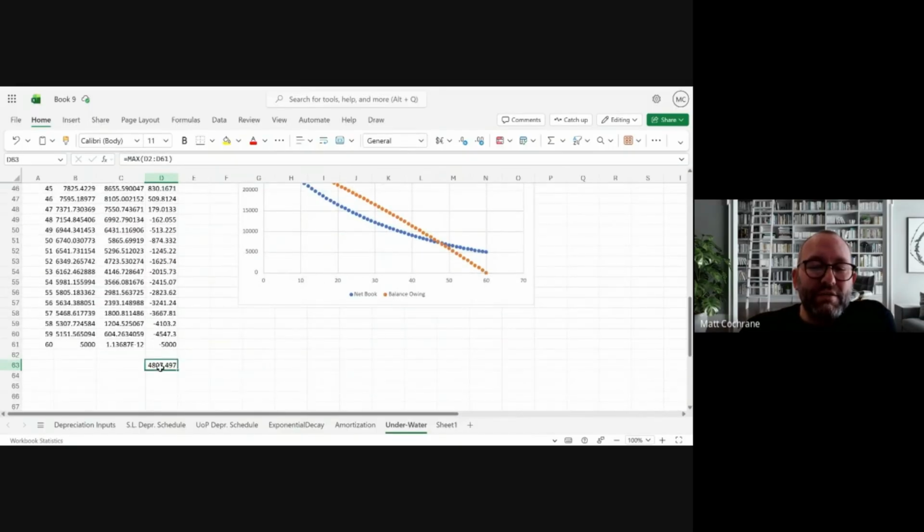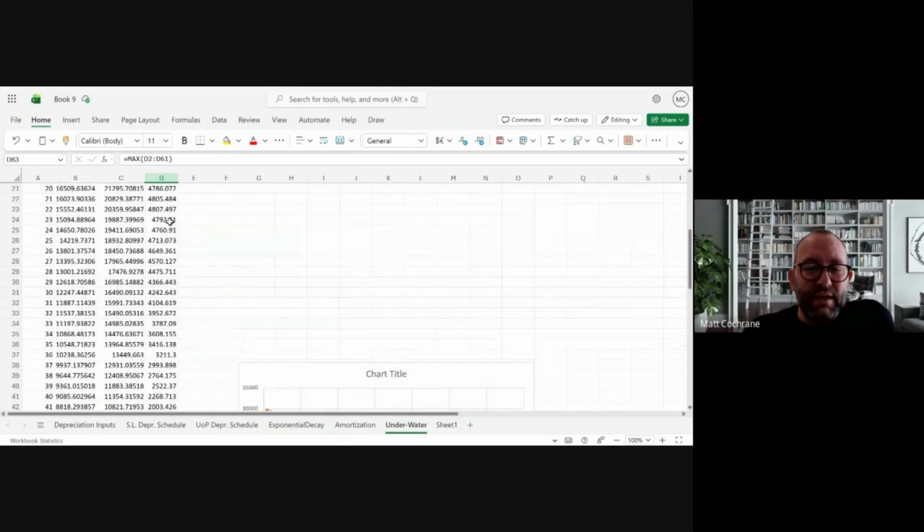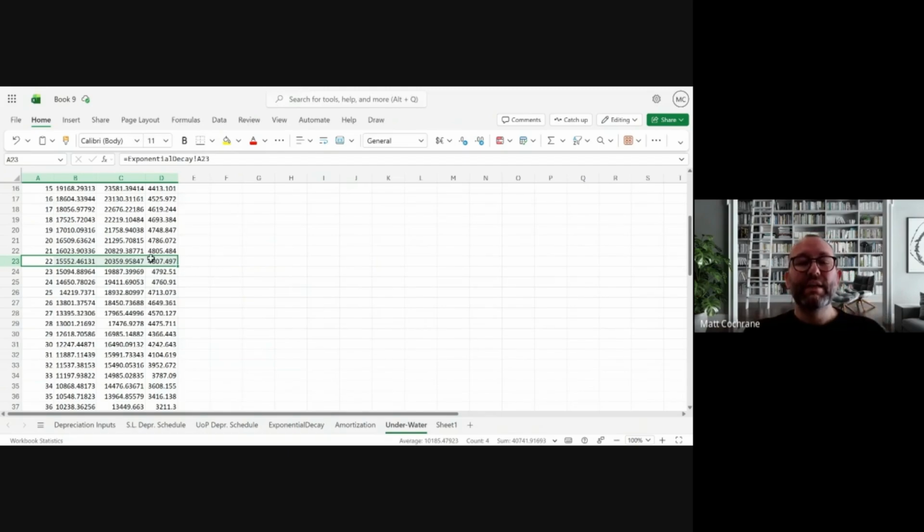And you can just use this equation, equals max, and then select all of the data to find out what that maximum value is, which is 4807. And that happens right here. Okay. So this is the maximum underwater scenario given the exponential decay and given the amortization schedule.